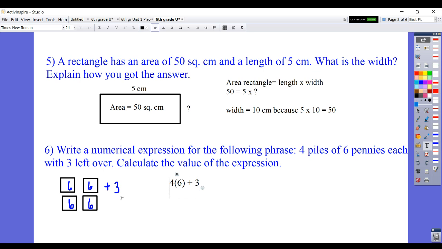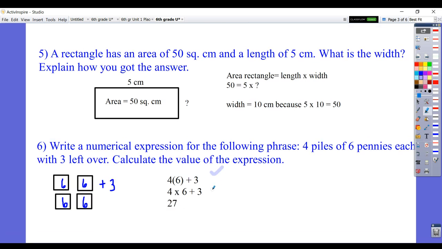Okay, and that would be considered the numerical expression. We also talked about on the quiz review that if you want to use x still for multiplication, you could do that as well. Okay. And then as far as finding the value, well, 4 times 6 is 24, plus 3 is 27. So that would be calculating the value of the expression. So again, you would either need one or the other of these numerical expressions. You don't need both. And then you would need the value.